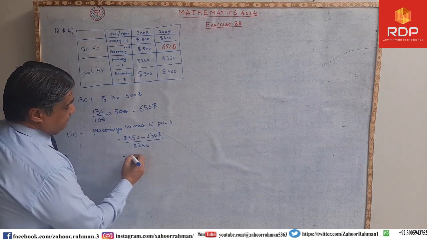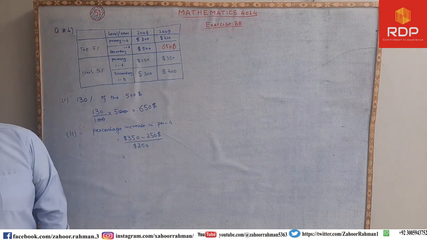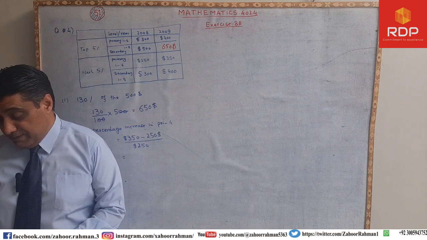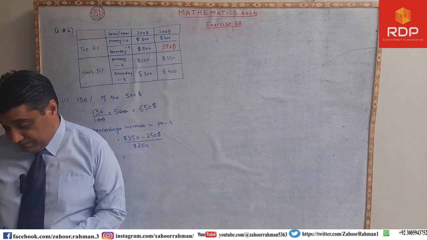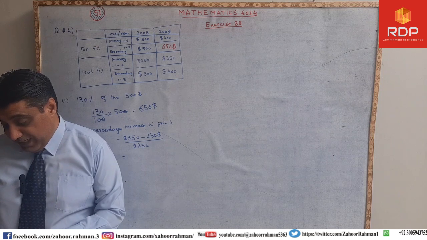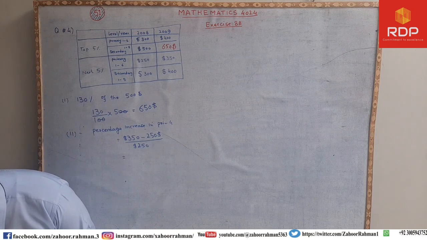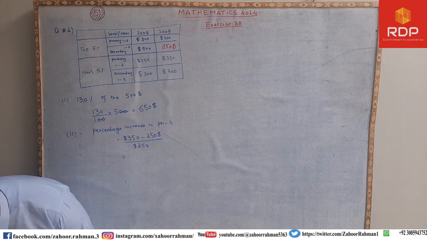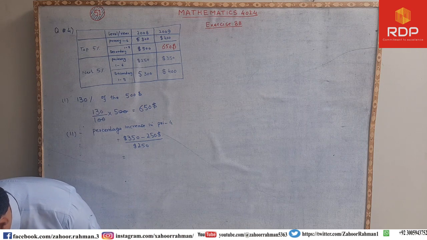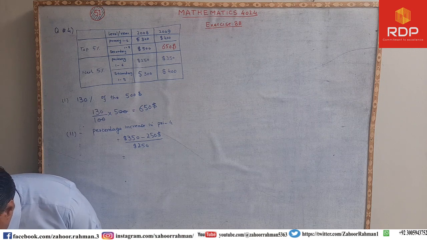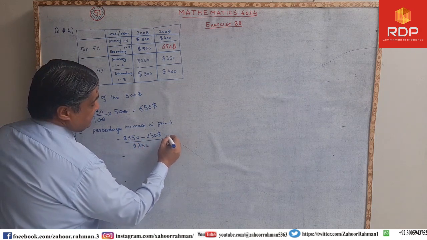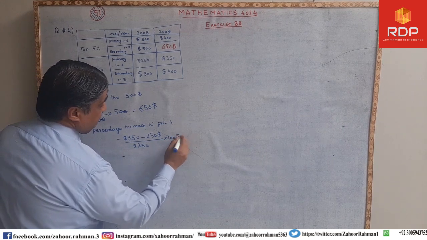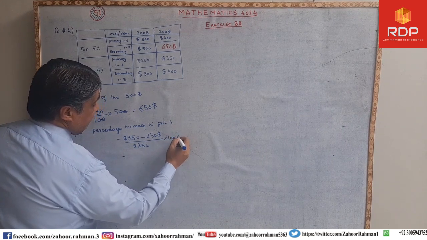So if we are finding the percentage increase, then we have to find the value which is equal to what? That is 100. Yes, so 100 divided by, and we are finding percentage increase, so there will be 100% as well.